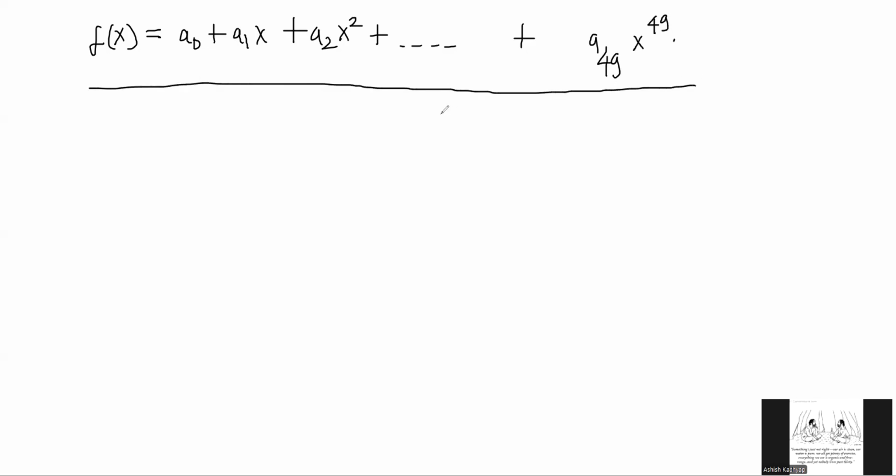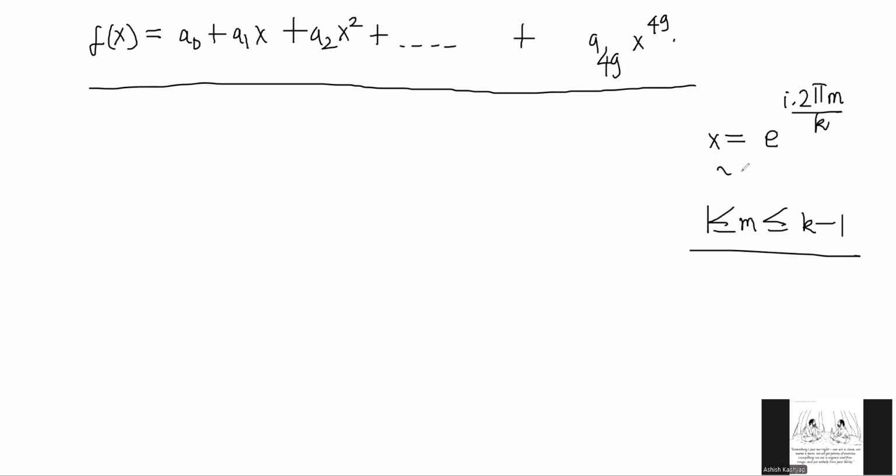So remember our polynomial f of x was a0 plus a1x plus a2x square and so on till a49 x power 49. Now, if I have taken x as e power i 2 pi m by k, where m is going from 1 to k minus 1.